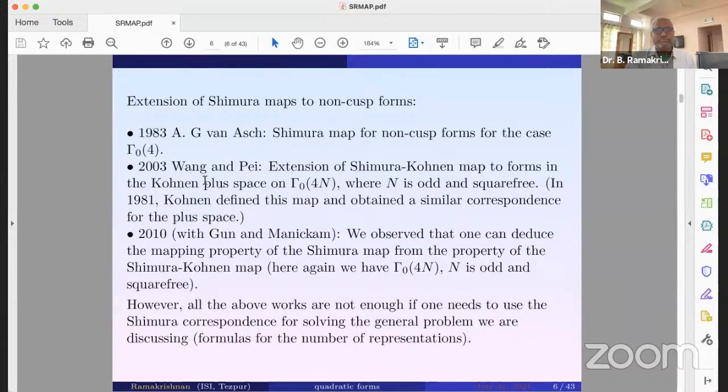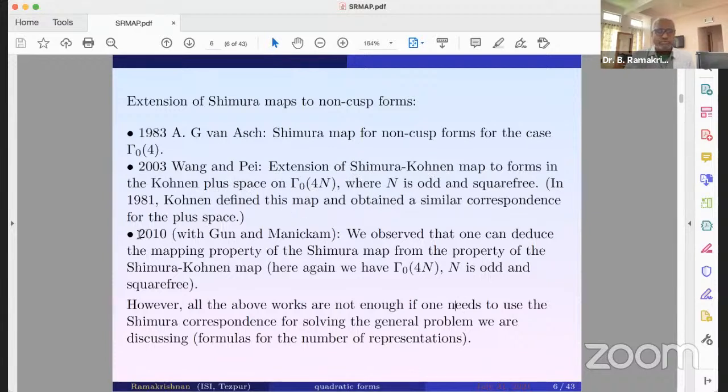In 2003, Wang and Pei extended the Shimura-Kohnen map, defined by Kohnen on the subspace of the space of cusp forms, which is called the plus space. Restricted to the plus space, we have a map defined by Kohnen, which is the Shimura-Kohnen map. They extended the Shimura-Kohnen map to the Kohnen plus space for Gamma_0(4N), where N is odd and square-free.